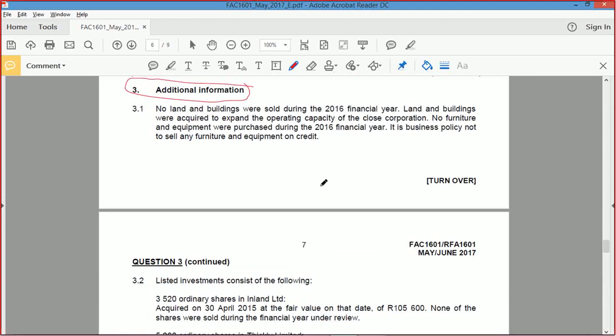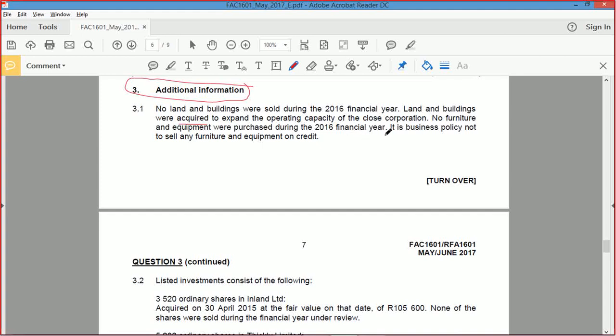Now let's look at the question. 3.1. No land and buildings were sold during the financial year. So if no land and buildings were sold, there's no inflow. Do you agree? Yes. Because if I sell land and buildings, then I'll get cash. Land and buildings were acquired to expand the operating capacity of the CC. So if I buy land and buildings, inflow or outflow?